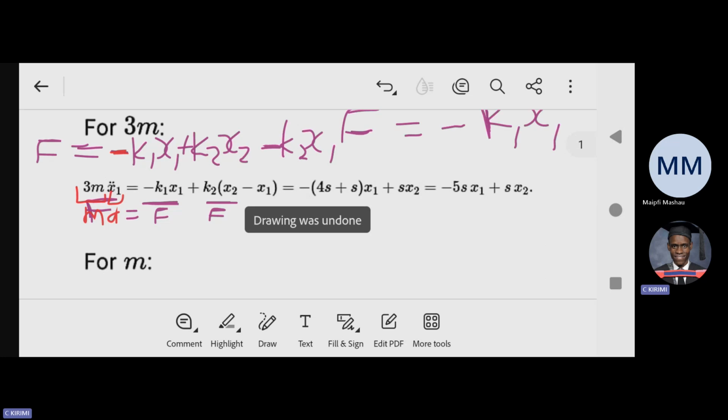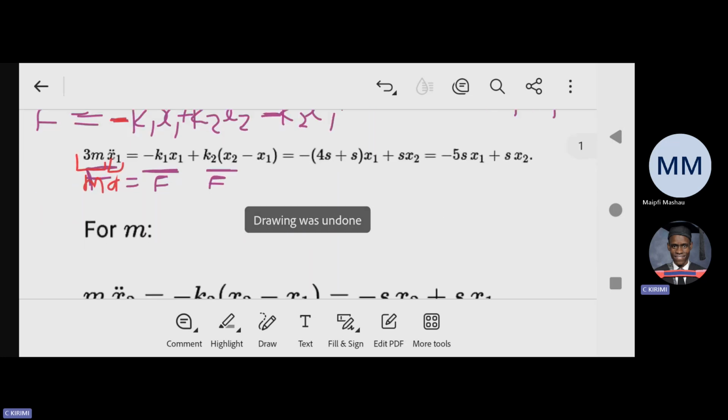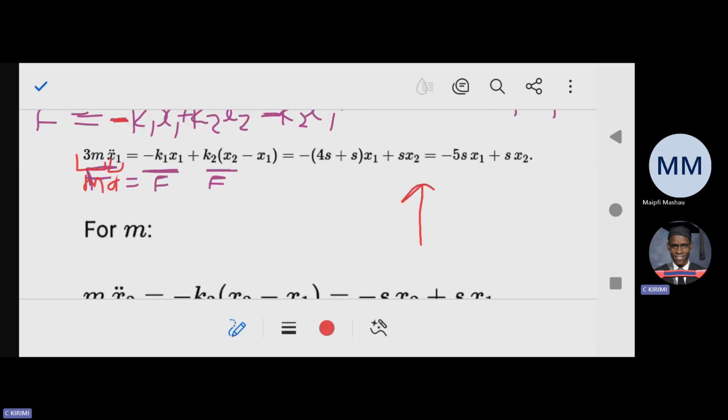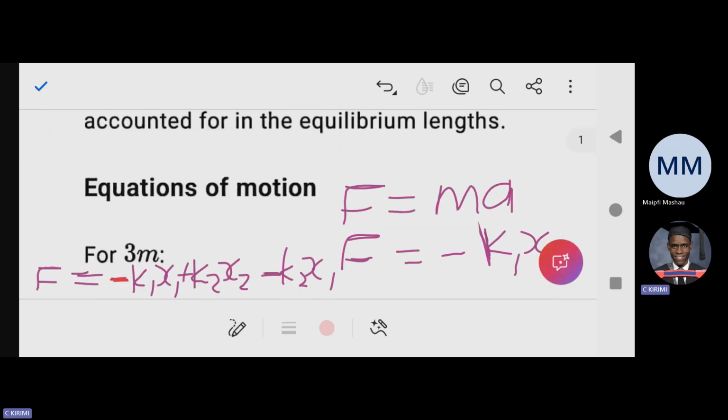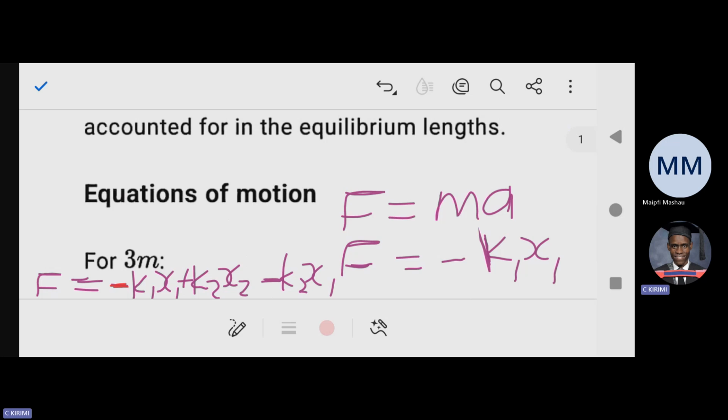Remember, when the 3M block goes up, the M block is moving in the opposite direction because it's put down. It's a weight which is pulling down the motion of the 3M block. That is the idea why we are setting up our equation like this for now.